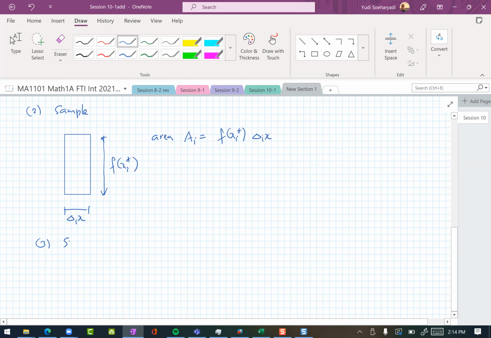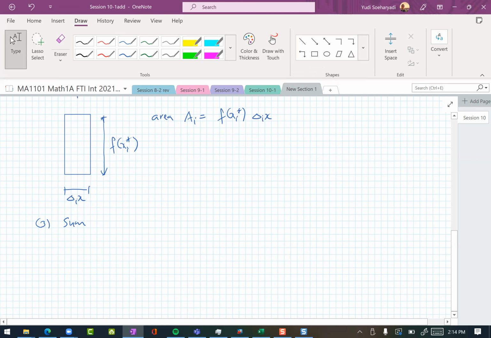The third is you sum it up. So you get the approximation.